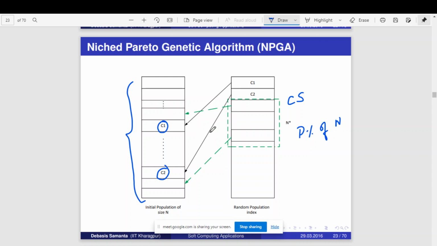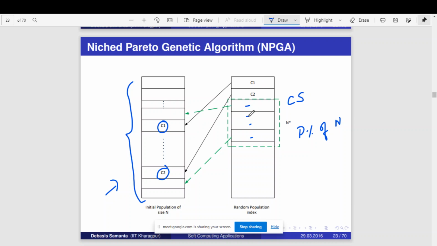That many individuals we randomly pick from this initial population, excluding C1 and C2. So we won't pick C1 and C2. Other than C1 and C2, n star individuals will be picked and placed here, and then we check whether C1 dominates everybody in this comparison set or not. Similarly, we check whether C2 dominates everybody in the comparison set or not.